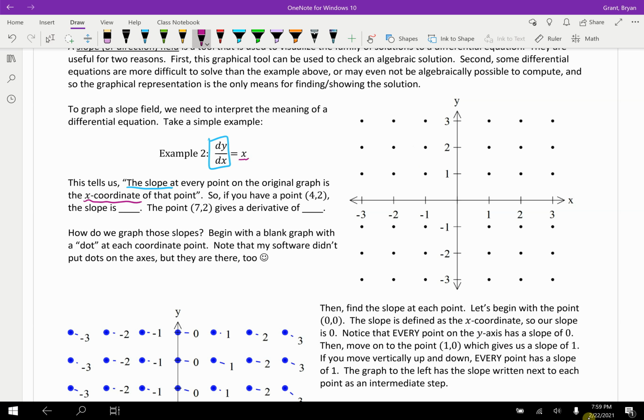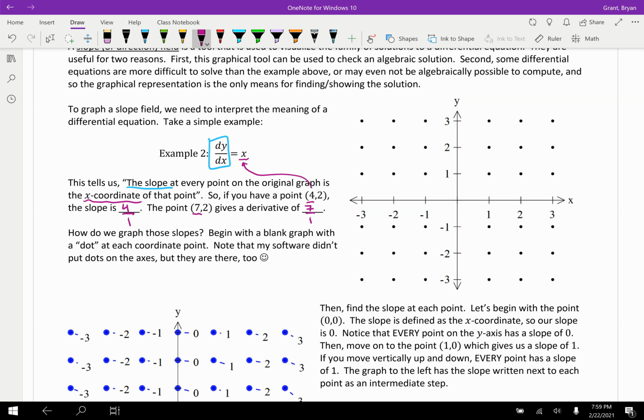So if you look at the point (4, 2) on the original graph, what would the slope be? Well, the slope is the x coordinate, so the slope is 4, or 4 over 1 if you want rise over run. If you looked at the point (7, 2) on the original graph, even if we don't know what the original graph looks like, we know that the derivative, or the slope, is 7 over 1.